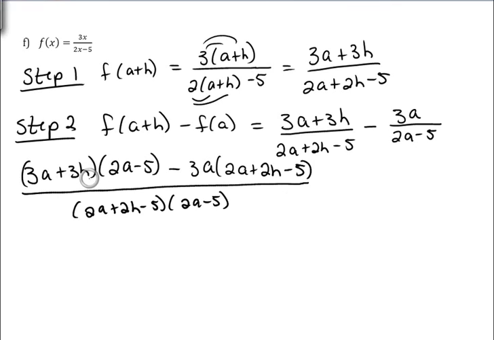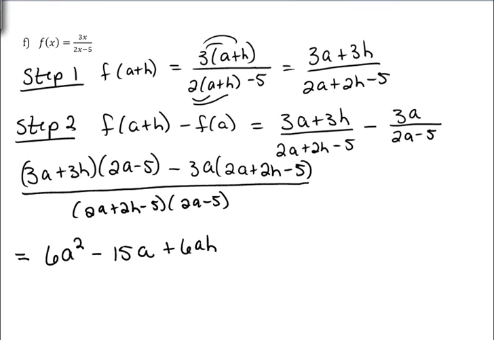Here we'll have to do FOIL, and here we'll just have to distribute this negative 3a. So 3a times 2a gives us 6a squared. And then we have 3a times negative 5, so that's negative 15a. And 3h times 2a is plus 6ah.